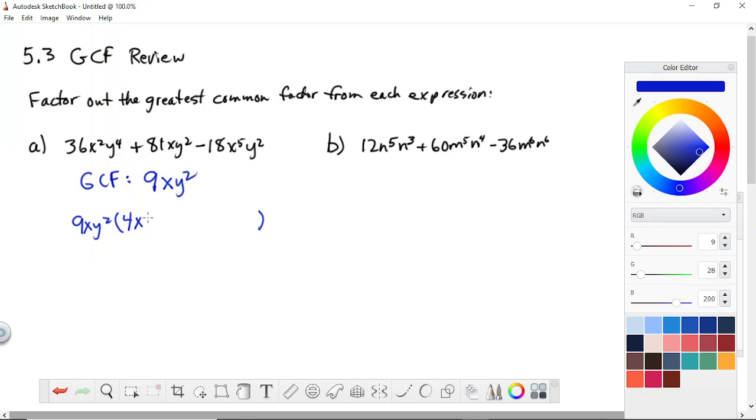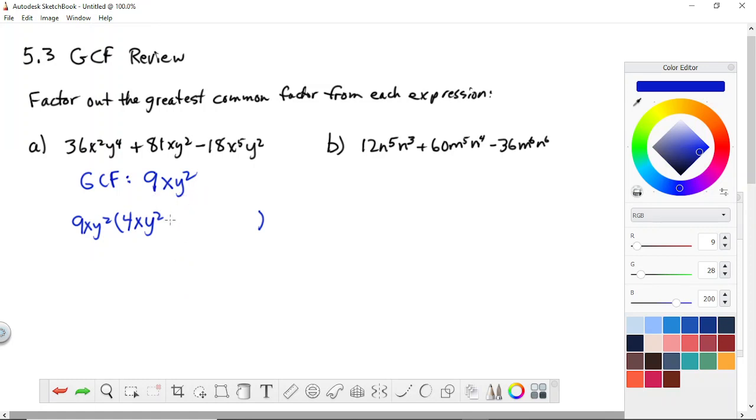And then y, we remember we're taking this whole term, dividing it by that. So y to the fourth divided by y squared. Subtract exponents, and that's y squared. So we have 4xy squared for that first term, after we factor out our greatest common factor.